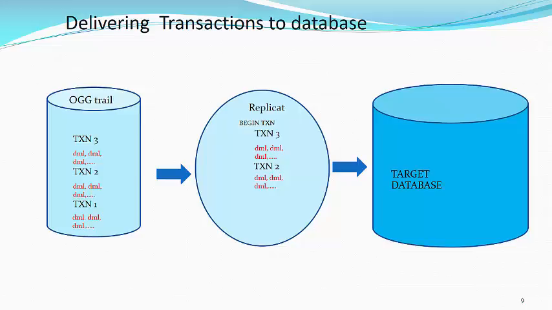Instead of doing that, it will grab all the DMLs for all the 500 transactions and do it as one bulk transaction. So it will group them and commit. Different versions of GoldenGate change the default grouping. I believe right now it's 1,000 DMLs before it starts to issue a commit.